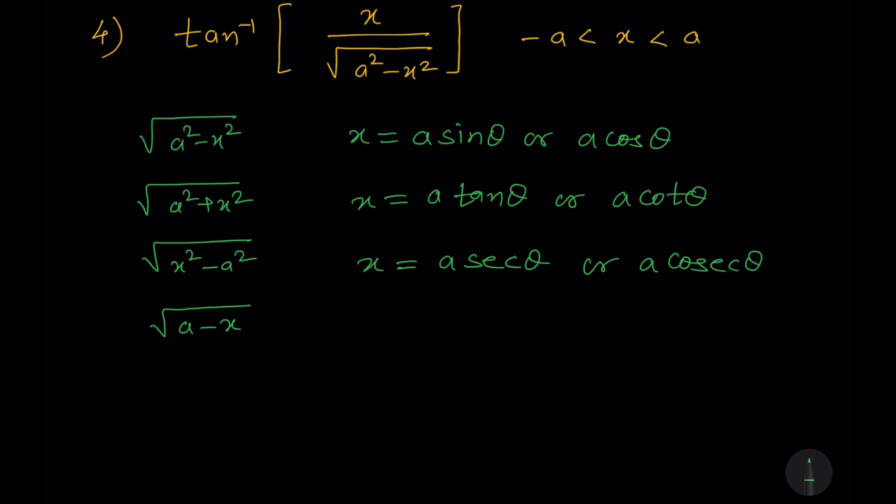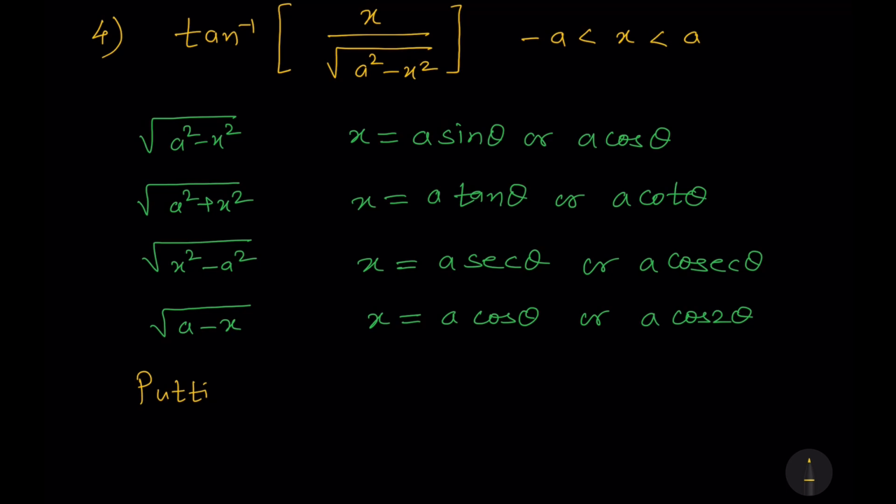There is no square term here, you have a minus x. Now how to get a square term? Because we want to get rid of the square root, we must get a square term inside the root sign. So here we can make use of the substitute x is equal to either a cos theta or a cos of 2 theta. So these are the standard substitutes.